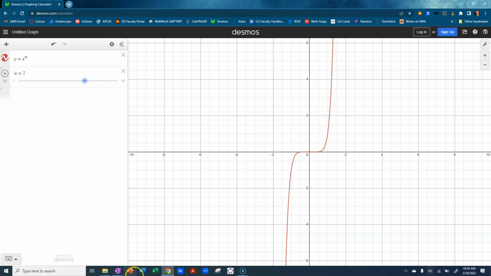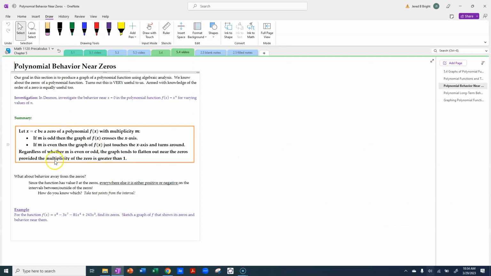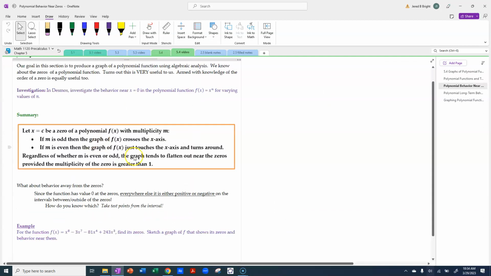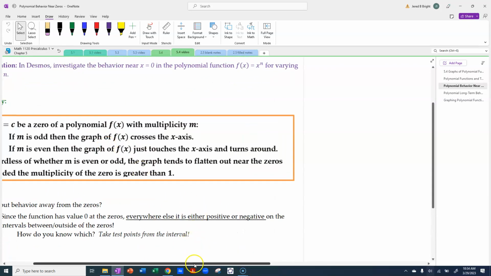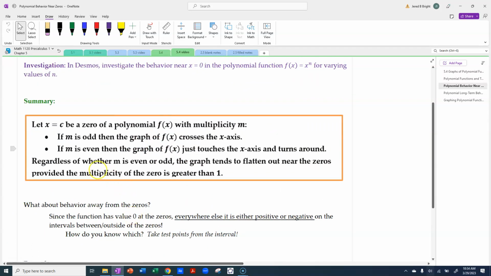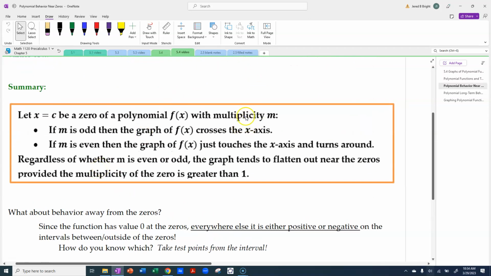Okay, so it seems like if we were to summarize this, and it's shown on the screen here, I'll zoom in. If we look at the zero of a polynomial with a certain multiplicity, another piece of language for that is order, okay?